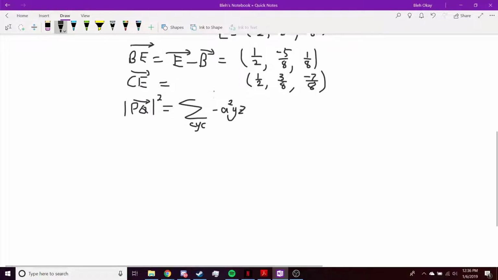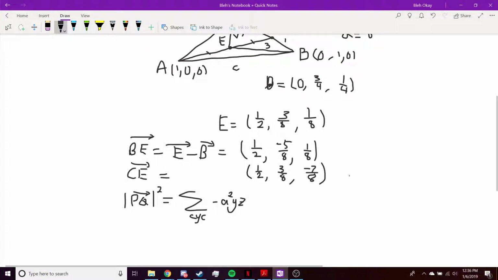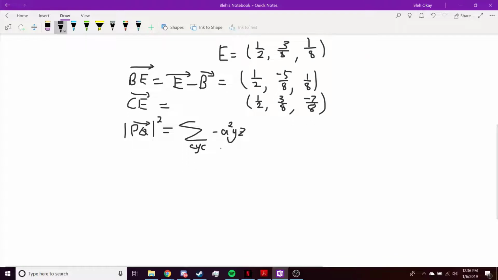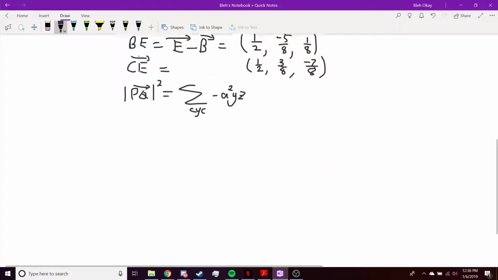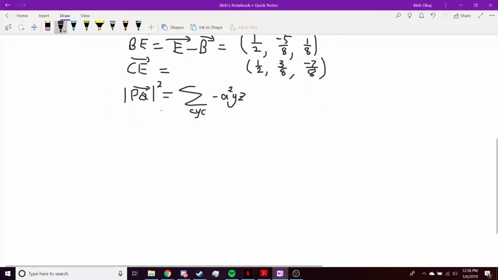Capital A corresponds to, is across from the length of A. Well, A is equal to B. So for each distance, we're going to get 2 equations that involve A squared and C squared, because our B squared term is just an A squared. So we're going to get 2 equations for the distance squared. So BE squared is going to be 9, and CE squared is going to be 7.